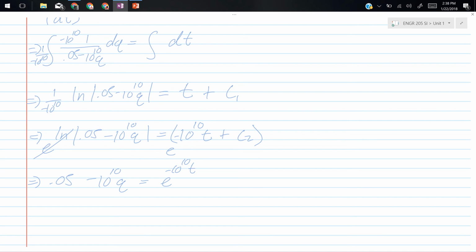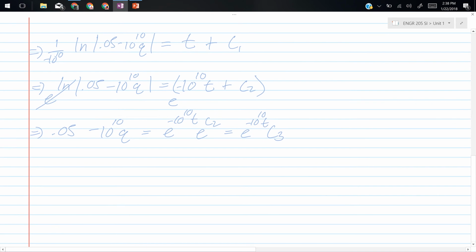You add up your exponents. So it's the same thing here, where I can have some e to the negative 10 to the 10th times t, then I have this plus C2. I can separate this into e to the C2, and then denote this new e to the C2 as another constant, which I'm going to call C3.